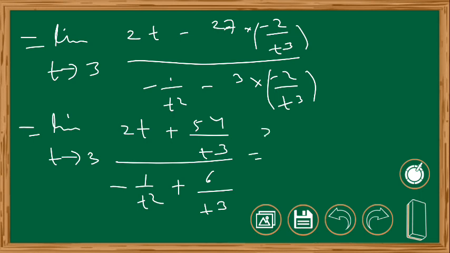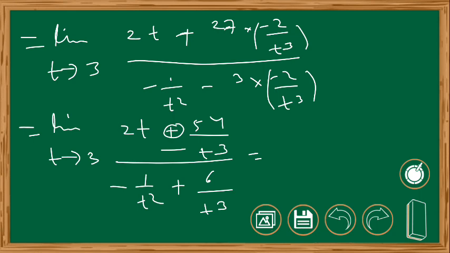So 2 into t, that is 2 into 3 plus 54, okay, this one was plus actually, so it will be converted to minus, right?